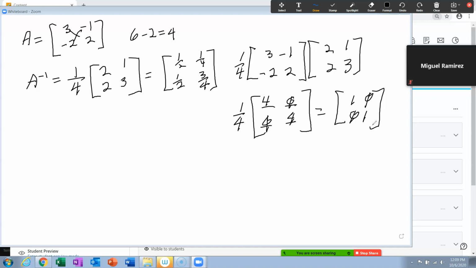All right, let's do the B part. Here's matrix B, and matrix B here is 3, negative 1, negative 6, 2.